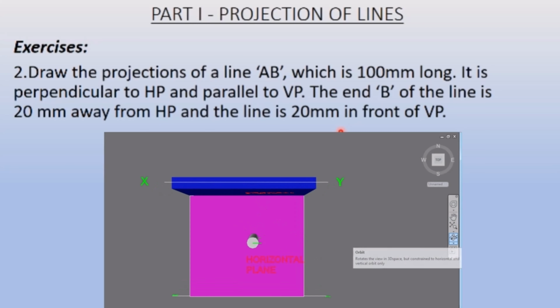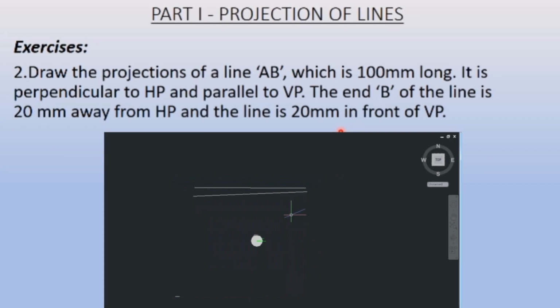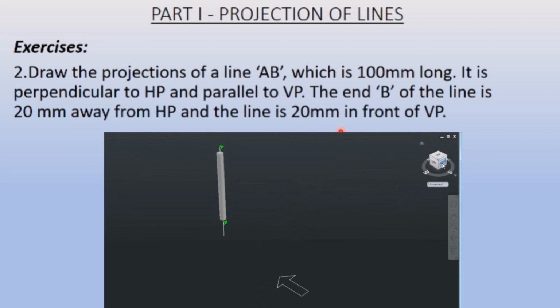The most important thing to observe here is that when you view the line from the top, when it is standing, you will not be able to visualize the whole line, and this will appear just as a dot. As you can see here, this is a line actually, but it's not visible. It is appearing as a dot only because it is directly perpendicular to the horizontal plane.